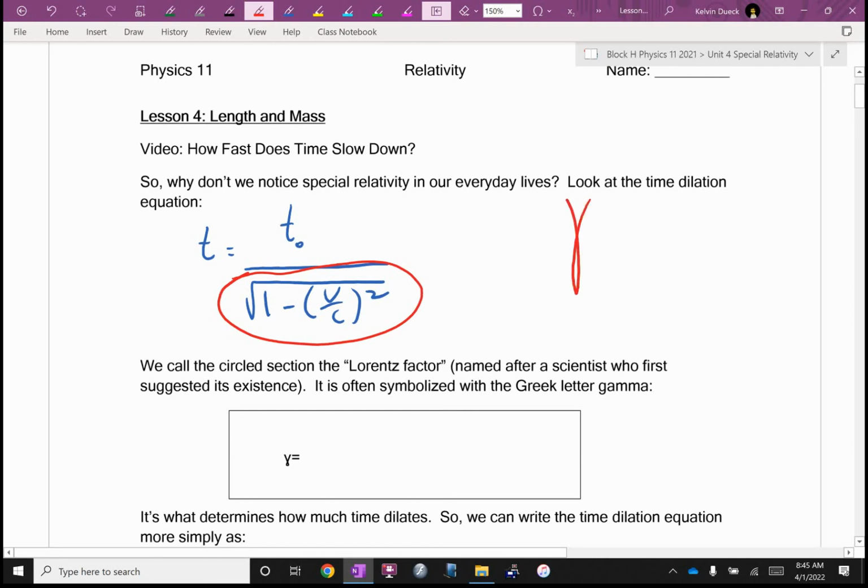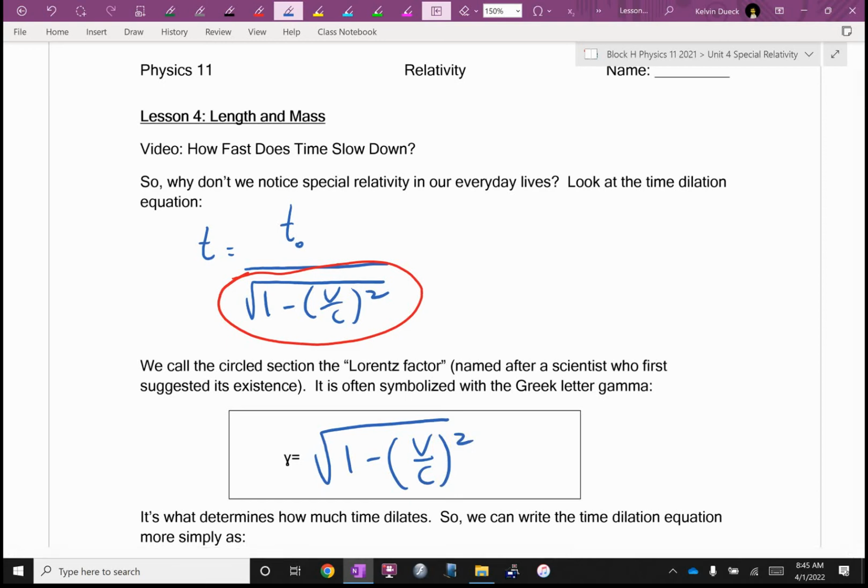Greek letter gamma looks kind of like a skinny fish doing a headstand. Okay? So that gamma is an abbreviation for the square root of 1 minus v over c all squared. It's what determines how much time dilates by. It's the time dilation factor.